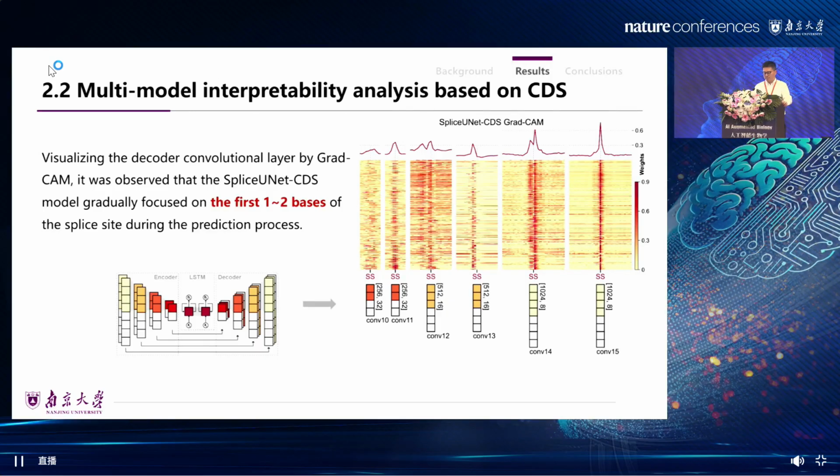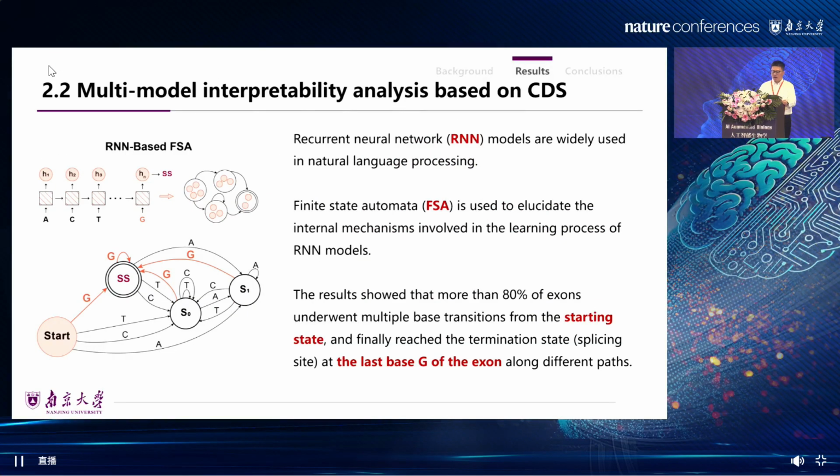To confirm this finding wasn't an artifact of one specific architecture, we employed two other distinct deep learning models. First, we used an RNN, which is widely used in language processing, and we think the messenger RNA sequence can also be a language of the DNA or RNA.